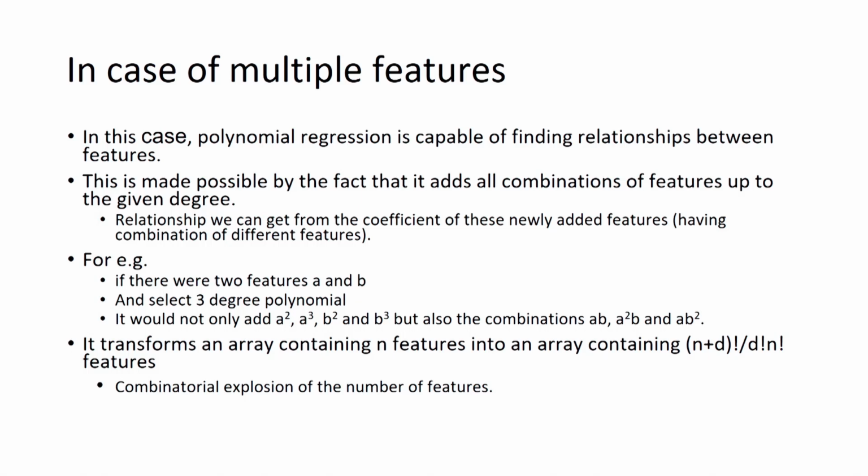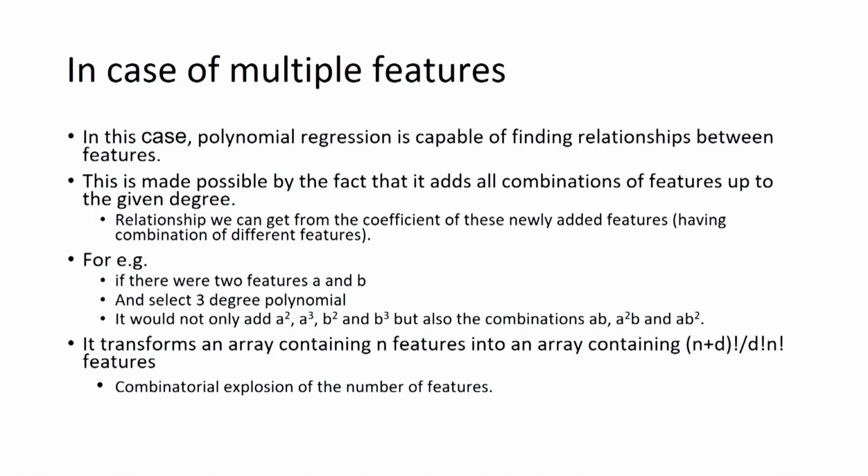So, we will add a b, a square b and a b square also. That is why when we see the coefficient of a b or a square b or a b square, it will give us the relationship between a square and b or a b square or a b.